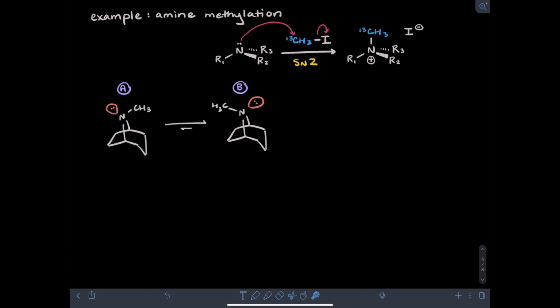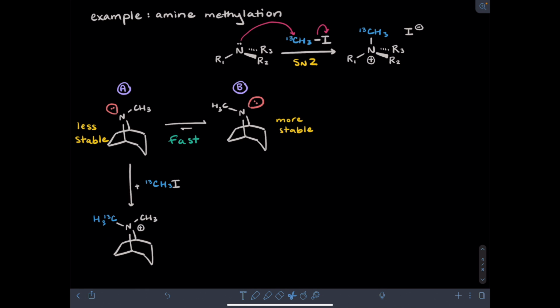This occurs by amine inversion, similar to the way that we saw that carbanions can invert. This amine inversion is fast, and it's been experimentally determined that the molecule A, in which the lone pair points toward the left, is less stable than the molecule in which the lone pair points toward the right.